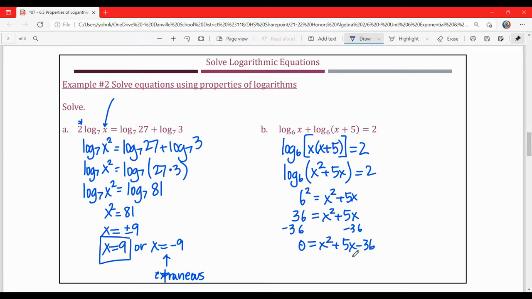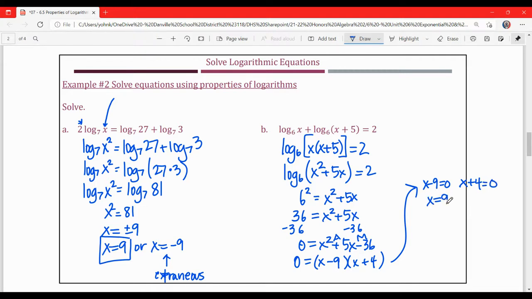This is a quadratic I need to try to factor. So I need to come up with two numbers that add to give me 5 and multiply to give me negative 36. So those would be negative 9 and positive 4. So then I take each of my factors, x minus 9, set it equal to 0, x plus 4, set it equal to 0.